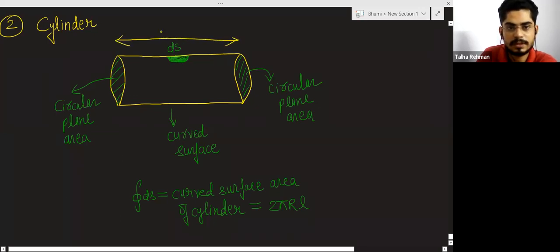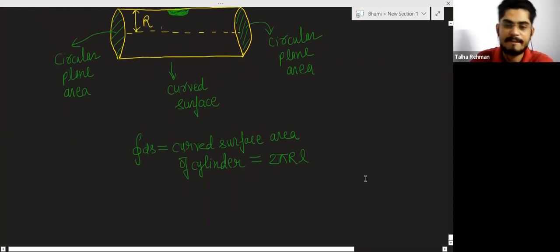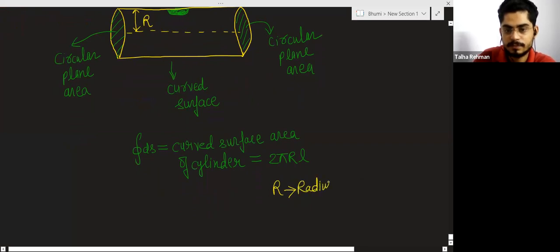Sorry, this is the length and this is the radius. R is for radius, and L is length.